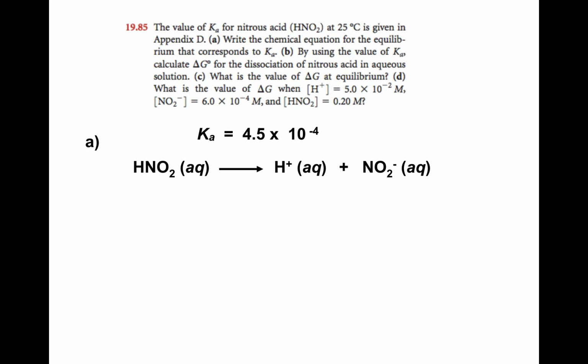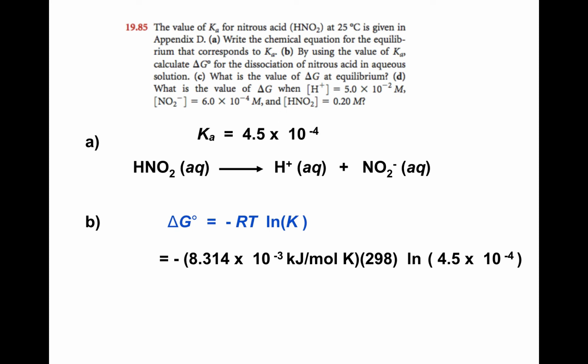So we're just working backwards, right? We're plugging into this equation, in this case solving for G naught. So you look up the Ka value for nitrous acid. It's non-spontaneous, so I expect a positive value for G naught at standard conditions.